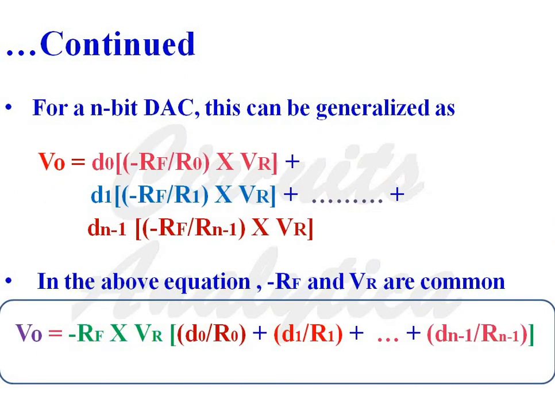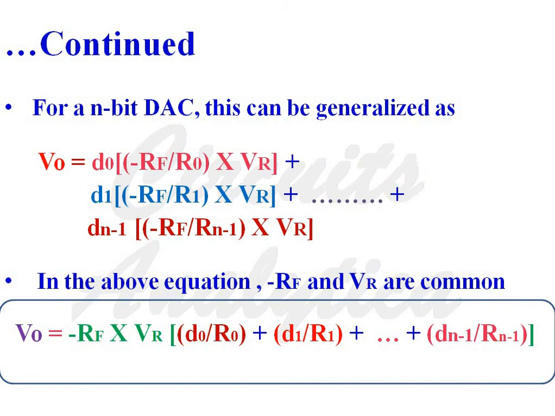So we can write for an n-bit binary weighted resistor digital to analog converter, this expression can be generalized as V0 is equal to D0 into minus RF by R0 into VR plus D1 into minus RF by R1 into VR plus ... Dn minus 1 into minus RF by Rn minus 1 into VR.